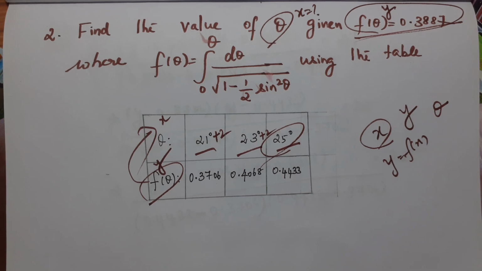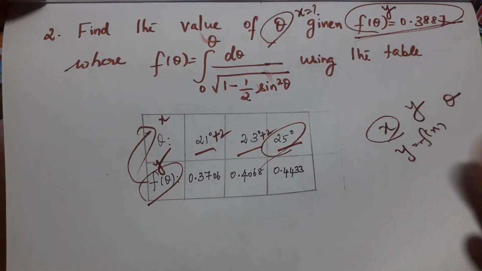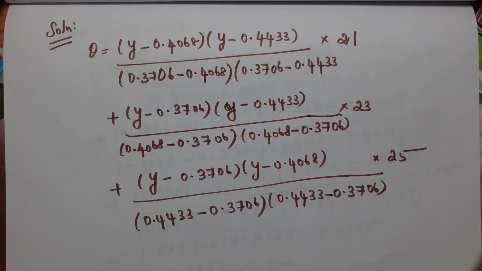What do you mean by inverse? They will give a y value and we have to find the x value. Lagrange interpolation formula means they give an x value and we have to find a y value. Here it is the opposite: a y value will be given and we have to find x. Is it clear?